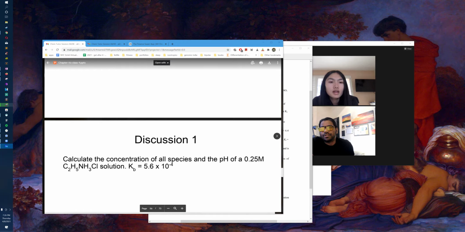Okay, let's take a closer look at what's happening here. Basically, this is the base over here, the weak organic base, and then this is the conjugate acid, right? And this H2O over here is acting as an acid, so this over here is the conjugate base for the H2O.